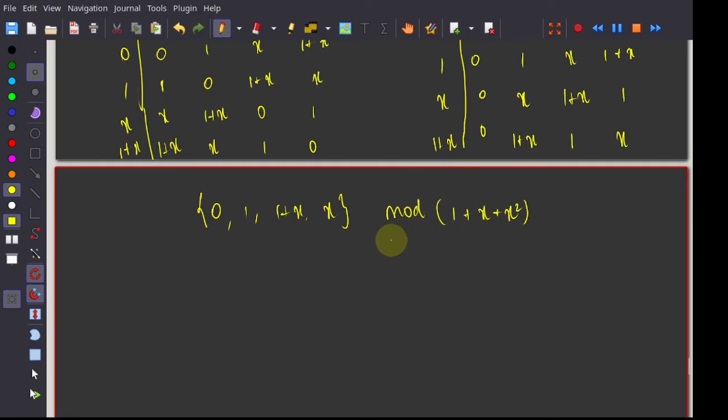Now if I instead took mod 1 plus x square, it turns out that this does not form a field. Because there's a similar idea, prime and composite number. We'll see polynomials which are kind of like primes and polynomials which are like composites.